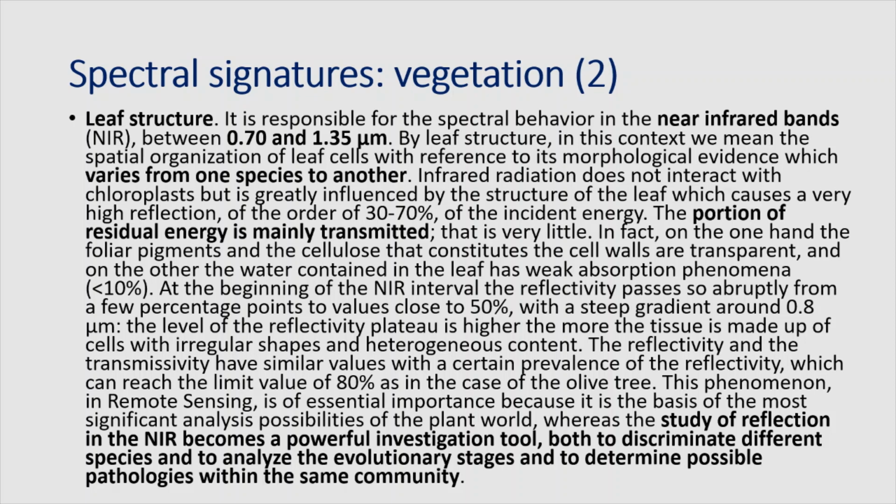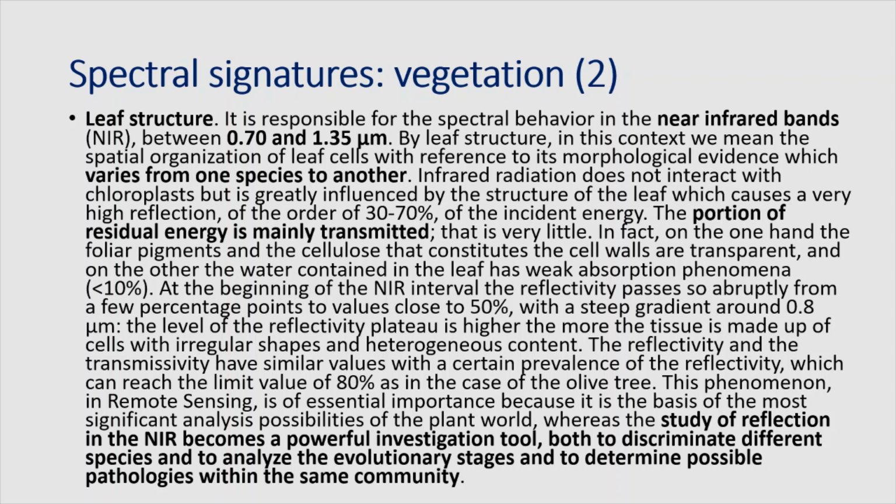By leaf structure in this context, we mean the spatial organization of leaf cells with reference to its morphological evidence, which varies from one species to another. So, you can also differentiate in these particular spectral bands different species of vegetation.